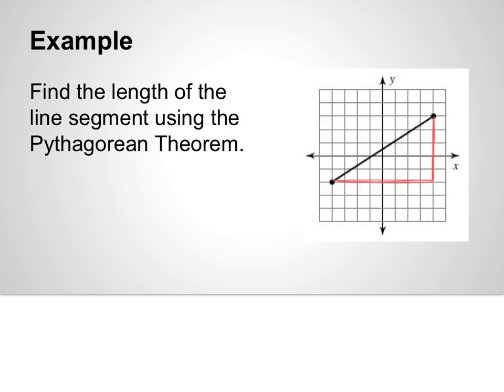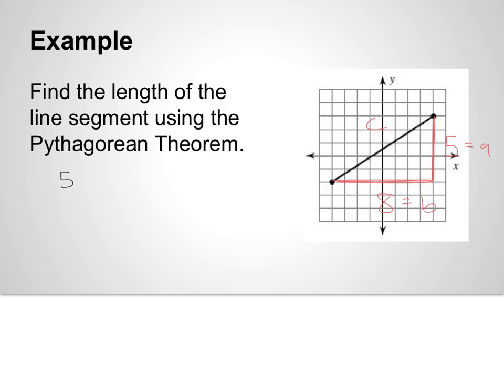Our base has a length of 8. And our height, 1, 2, 3, 4, 5, is 5. Now, that's going to be my A and my B, and we're looking for the distance, which would be the hypotenuse C.